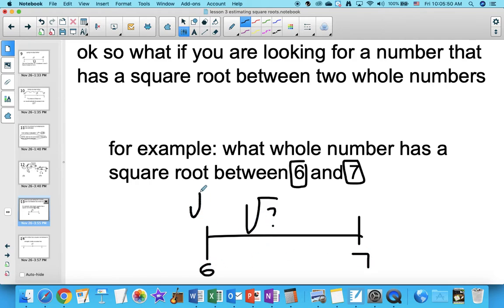What is in between the square root of 36 and the square root of 49, right? Because 7 times 7 is 49, 6 times 6 is 36. And here we have our mystery square root.